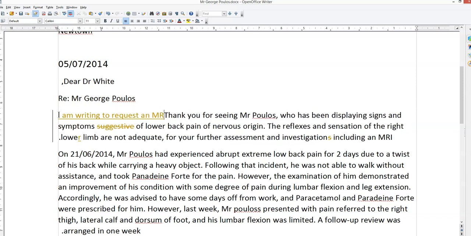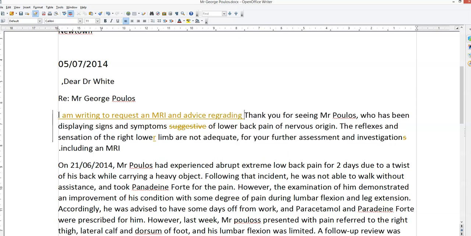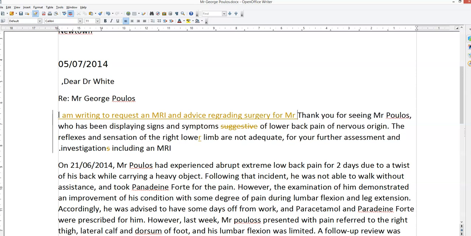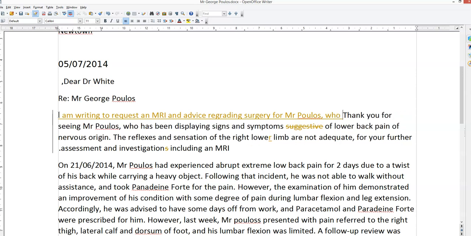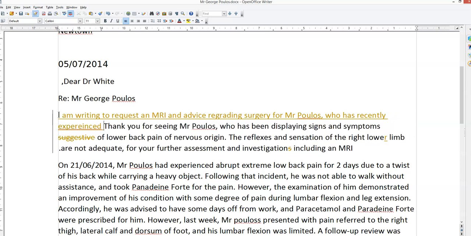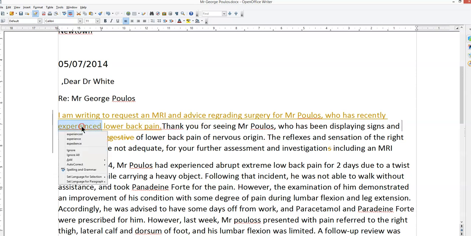Request an MRI and advice regarding surgery for Mr. Paulus, who has recently been experiencing lower back pain. Okay, right? Something such as that. That would do. We just correct that.